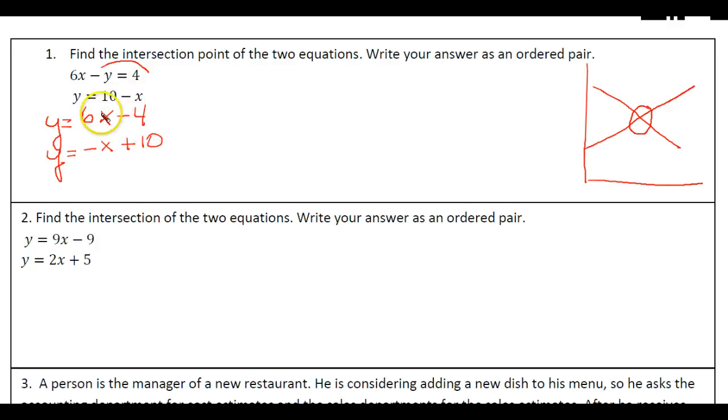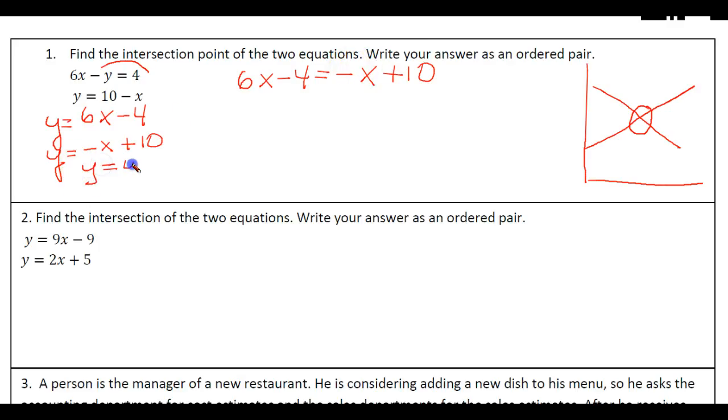So the technique for solving these, I believe, would be to set this equal to this, since y equals y. Now we solve it, because this is a y and this is a y.